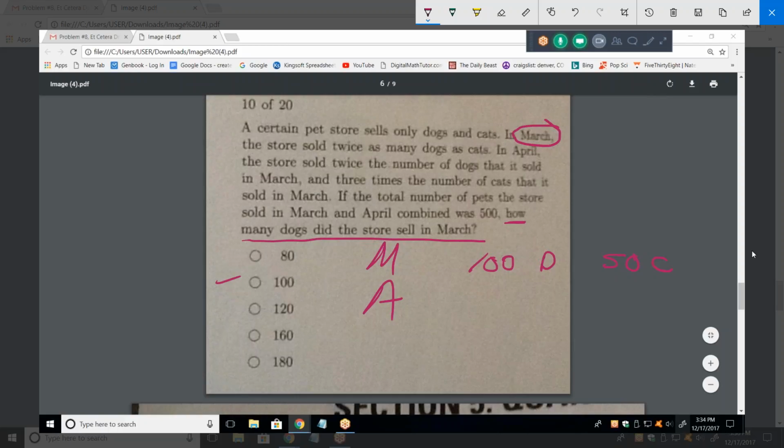So how many dogs in April? 200 dogs. And 3 times the number of cats. 150. If the total number of pets the store sold in both months was 500, bingo. Be amazed at how often B is the correct answer.